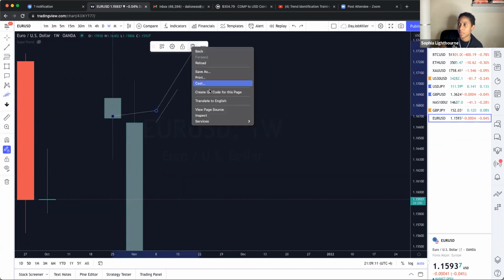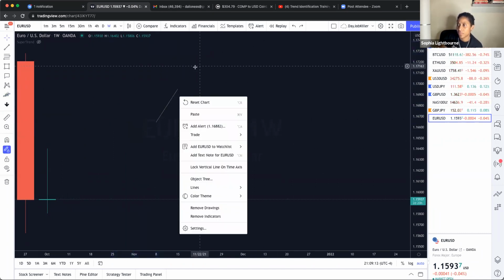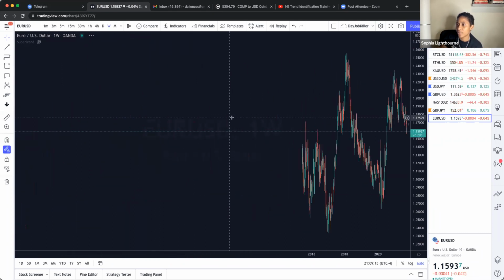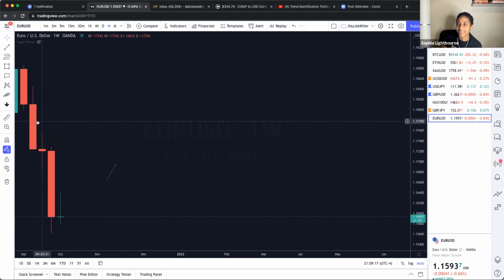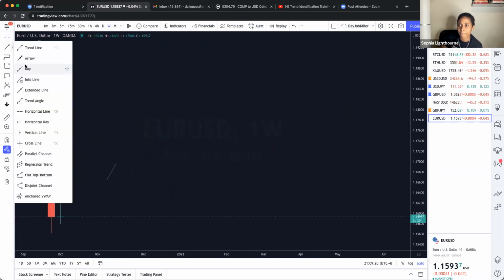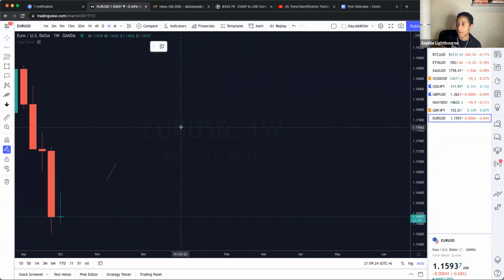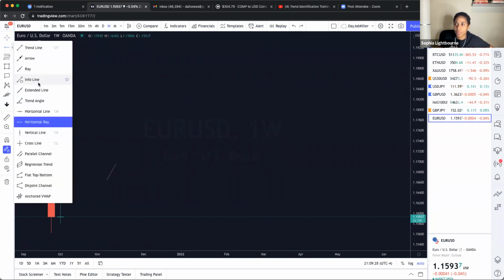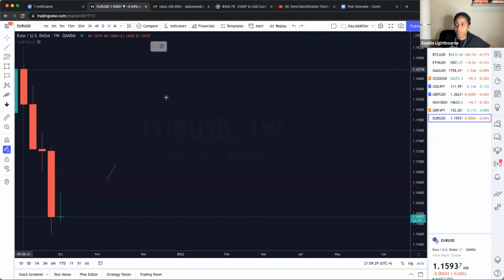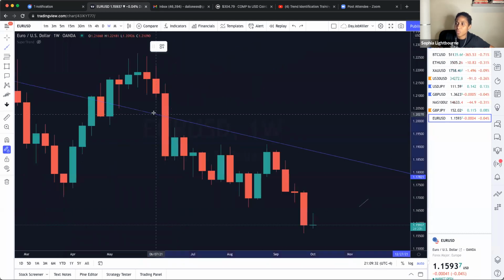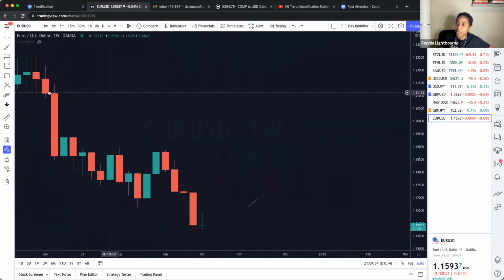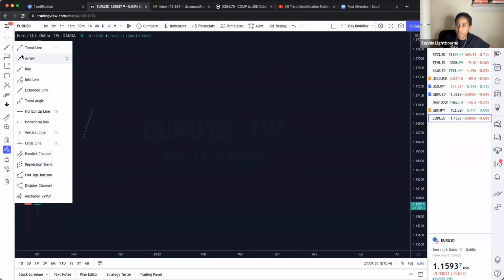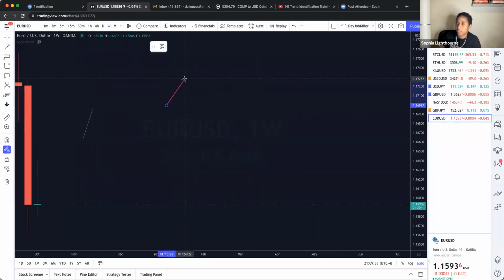Where's Lovely with the TradingView training? I'm playing. All right, cool. Here's my line right here. Boom. So the market could go in this direction. Y'all, why is it not letting me be great tonight? Okay.